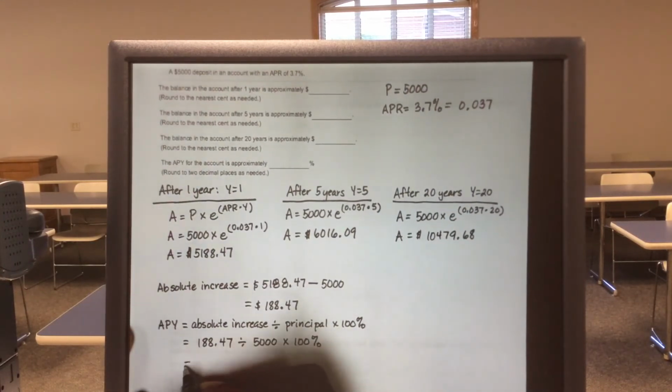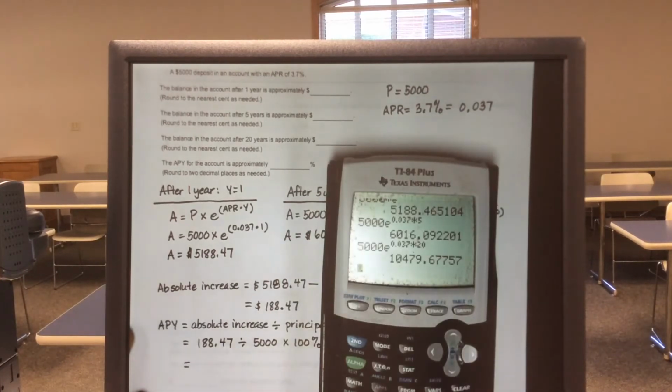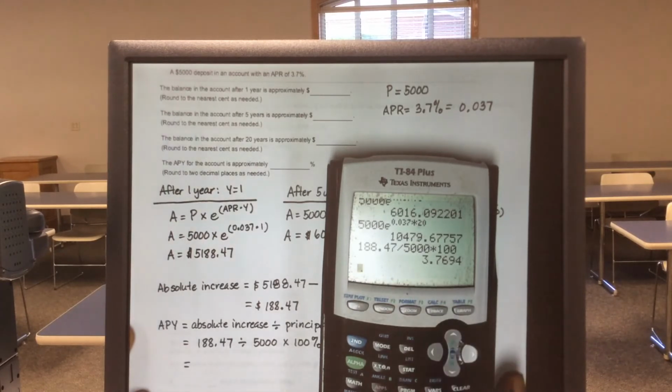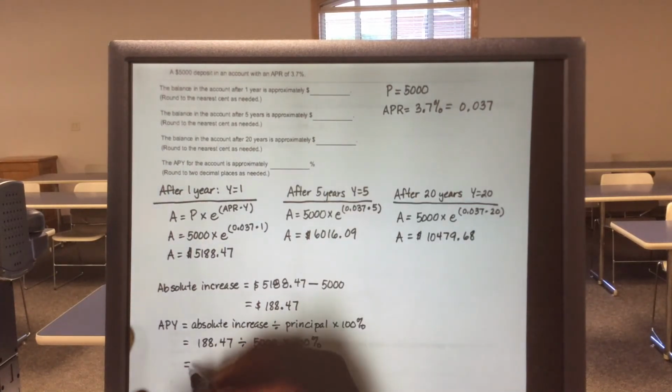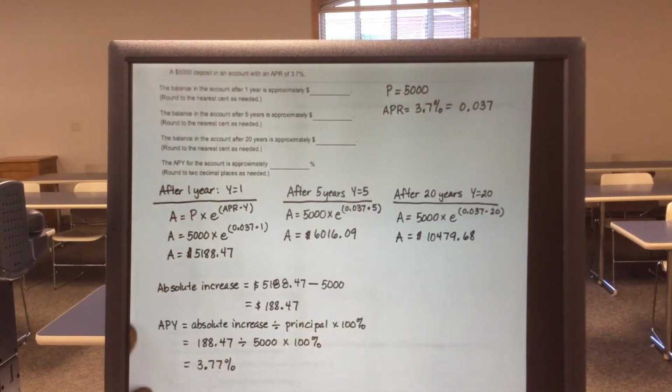And you'll end up with this. To two decimal places, this will be 3.77%. That will be the annual percentage yield for this particular account.